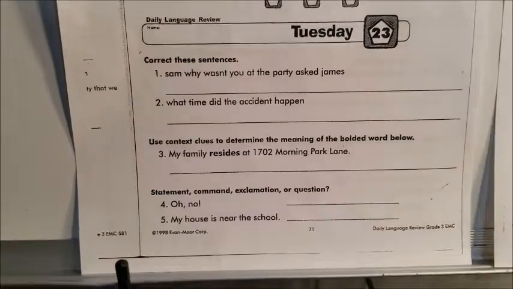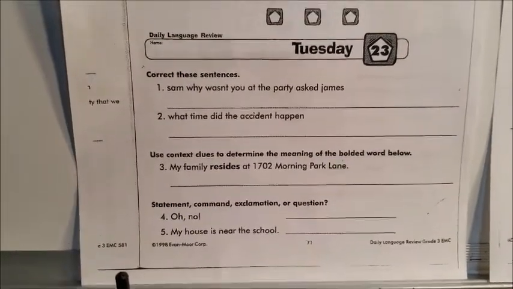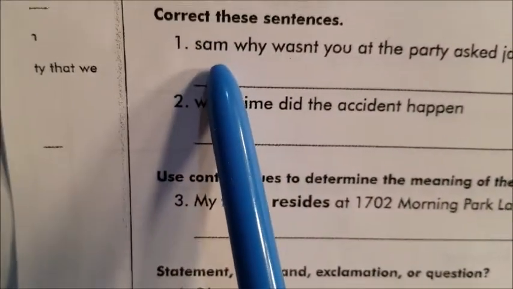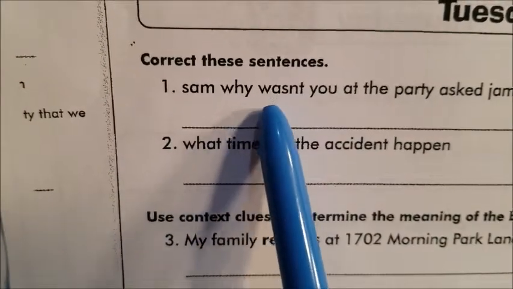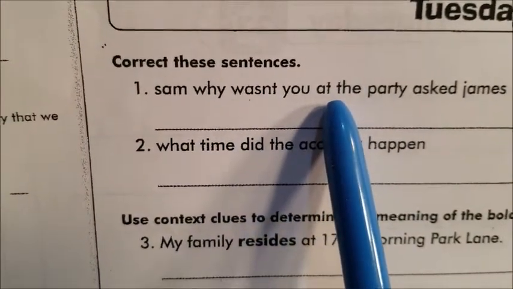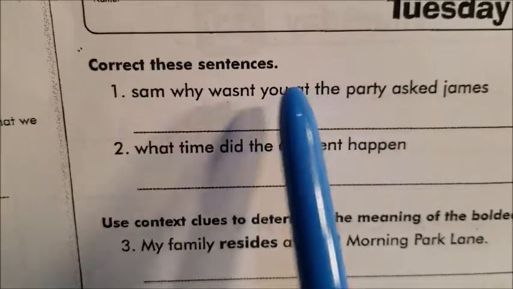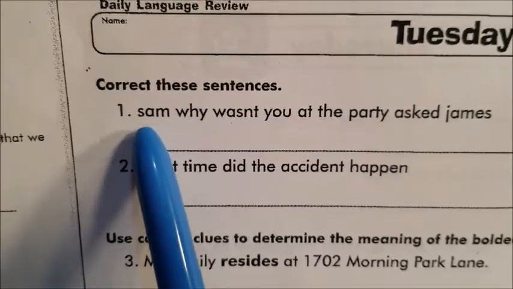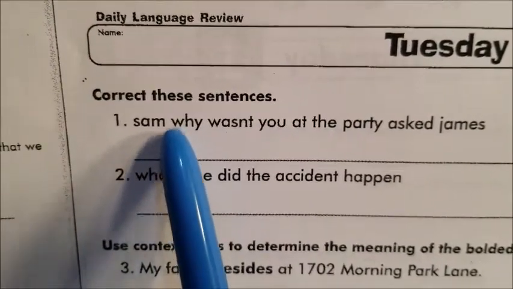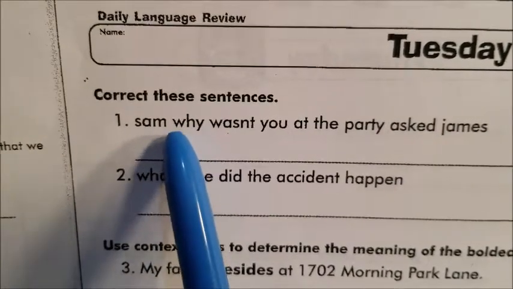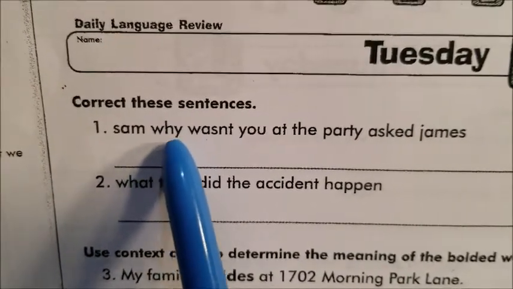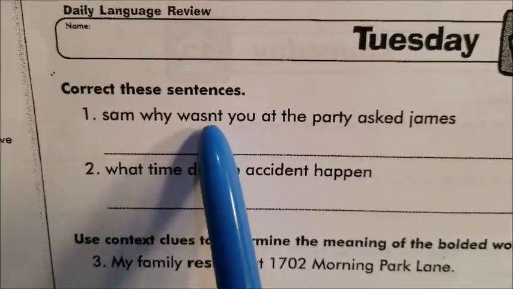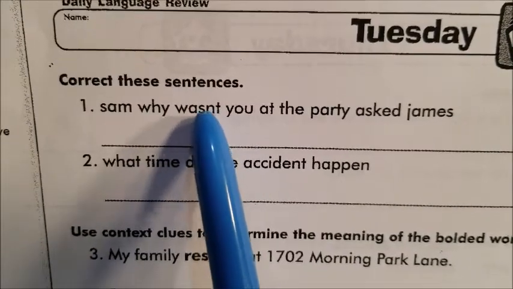Boys and girls, today's daily language review starts off with a little bit of a tricky one. So, Sam, why wasn't you at the party? Asked James. Something needs to go right there. Of course, we're going to capitalize that, but I think that has to be separated there by something. I think a comma, maybe? Why wasn't? If it's in the past, is it wasn't? Or is it something else?